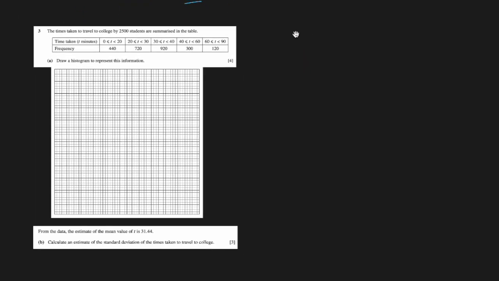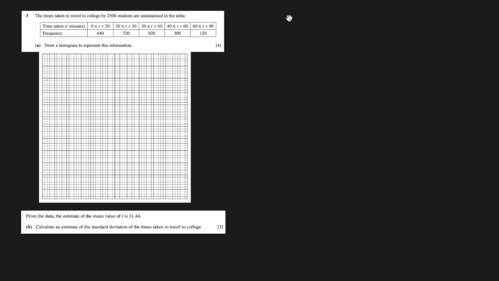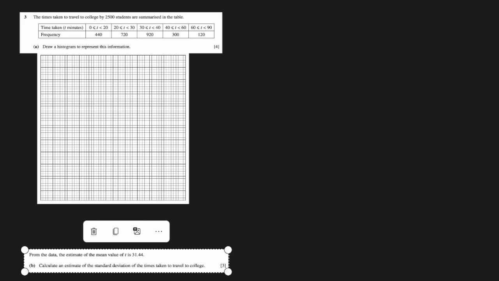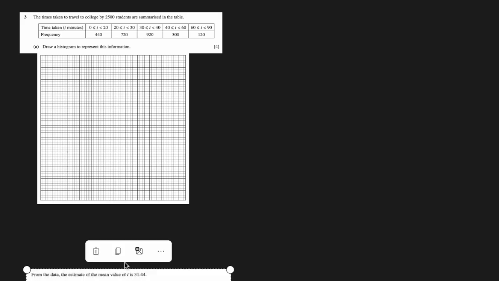All right. Question number 3. They have given a table here. Okay, it's in increasing order. Frequency is also given, and they are saying to draw a histogram for this. So let's put it here and make it a little bigger so that it is easier to draw.